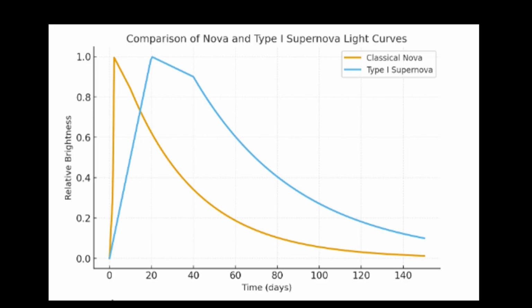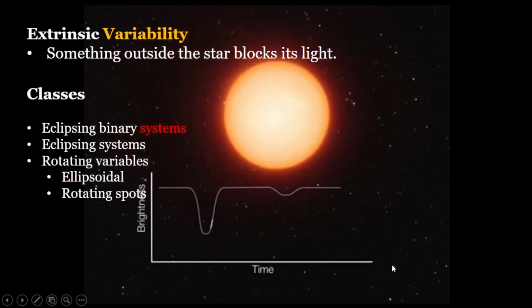They look similar, but they're actually different and distinct. The blue light curve is from type 1 supernovae, while the orange light curve is from novae. So you can see they are different.